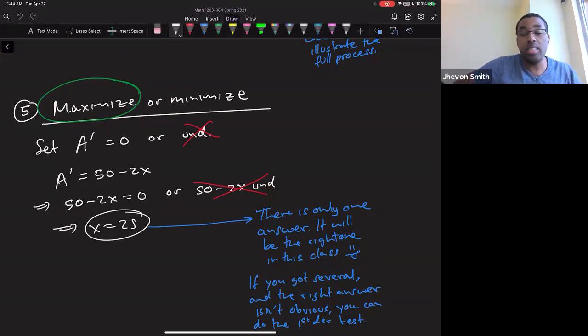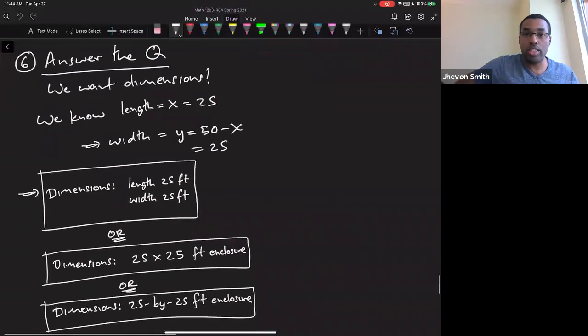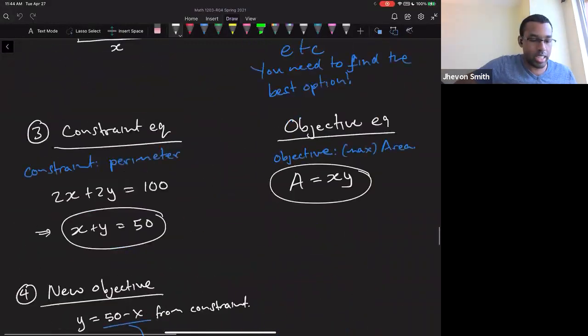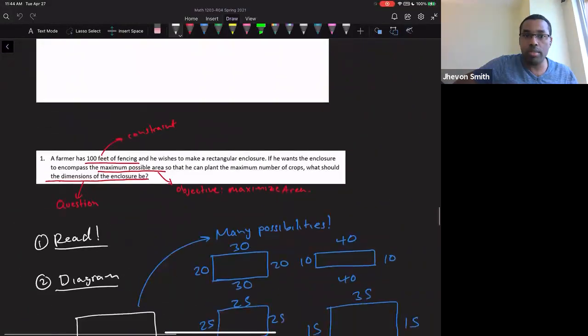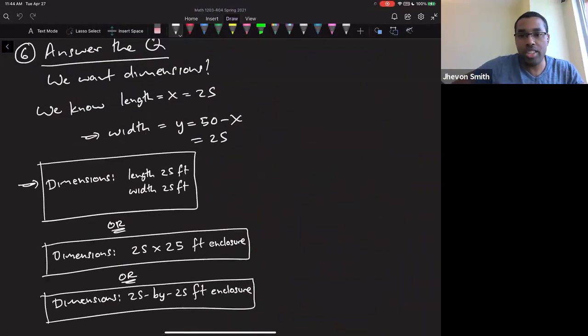Now, x equals 25 is not necessarily your answer, right? Step 6 is where you go and make sure you answer the question. This particular question asked for the dimensions of the enclosure, so you need to answer that question with dimensions.